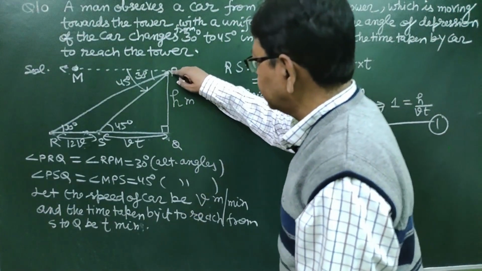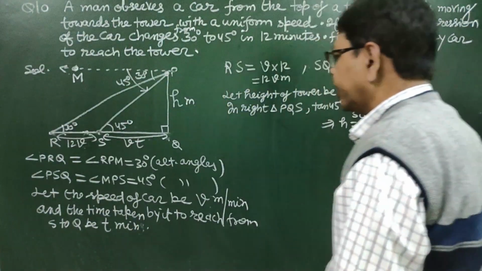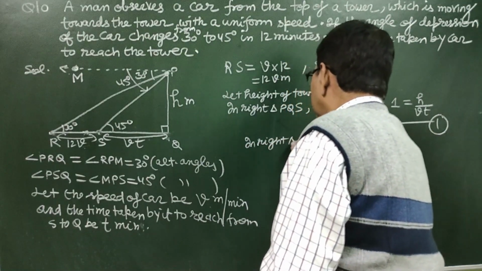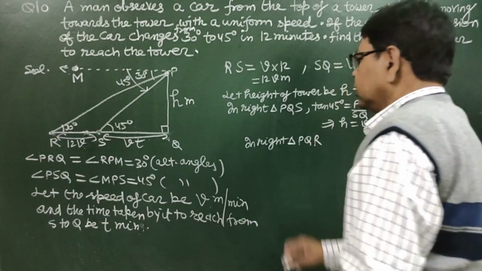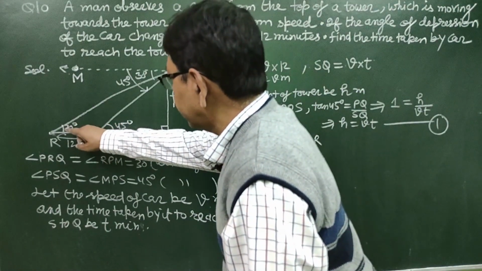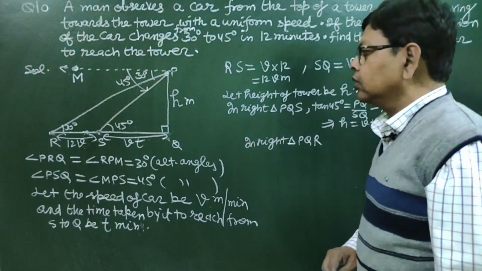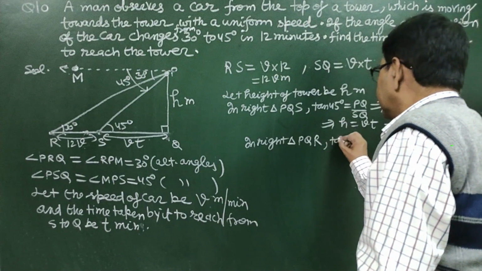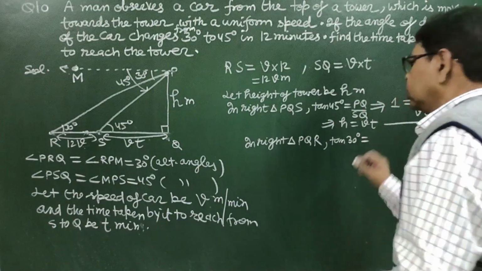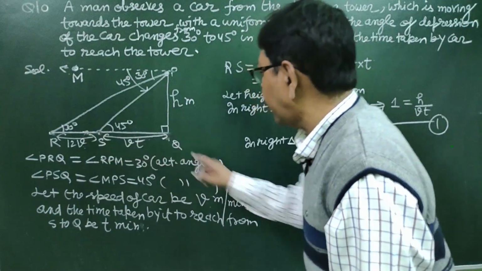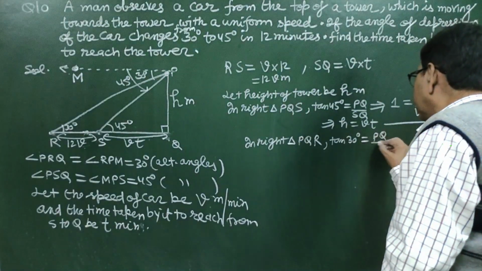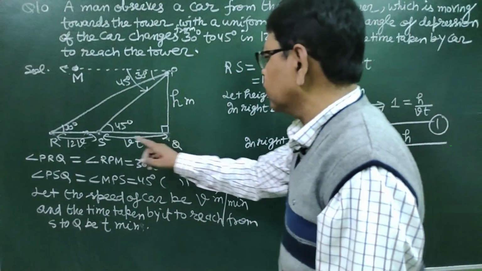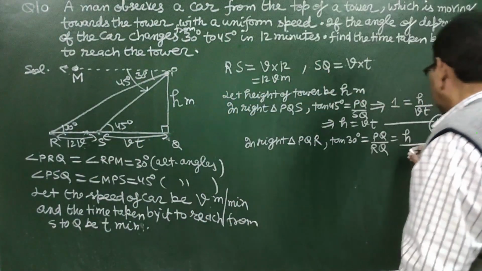Now let us consider the other triangle PQR. In right triangle PQR, again we consider the trigonometric ratio tangent, because perpendicular and base are involved. Tan 30 degree is equal to PQ upon RQ, and PQ is H, and RQ is the sum of RS plus SQ.